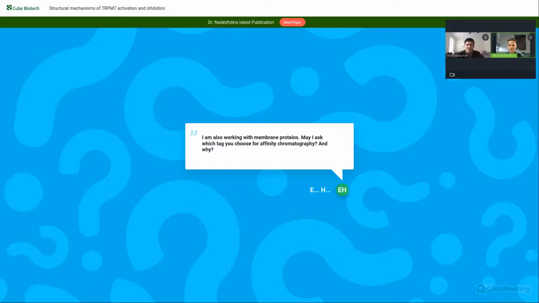So I want to answer the second question first. We use whatever we have in our lab, and it looks like it doesn't make any difference which tag you use, but we use strep tag. Why? Again, we just have this tag. It works very well in our case.